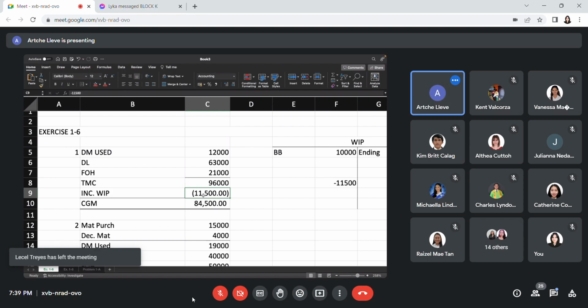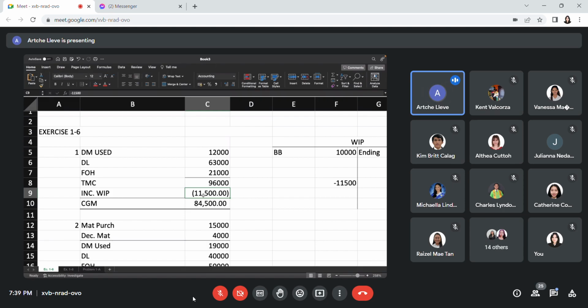Got it? So if the problem tells you that there is a decrease in work in process, what will happen now? You add. Okay, so you add. Again, if it's increased work in process, deduct. If it's decreased work in process, you add.